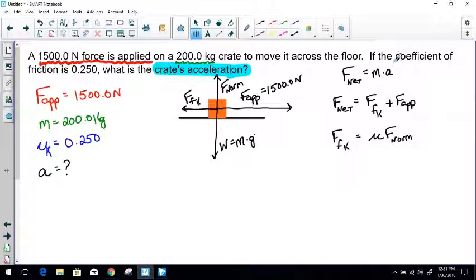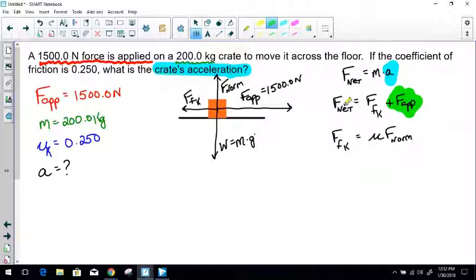So if we work our way backwards, a is what we want to find. We want to find acceleration. We're given mass, but we don't know the net force. So we need to find the net force in order to find acceleration. We know that net force is the force of kinetic friction plus the applied force. Well, we're given the applied force, so we know that this is 1500 newtons.